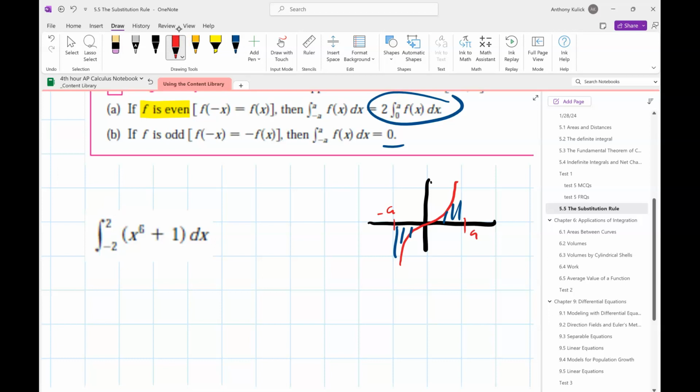Yes. Is x to the 6th plus 1 even or odd? How do you know? The degree of the polynomial alone will not tell you if it's even or odd. So what's the degree for that term? 6, which is even.